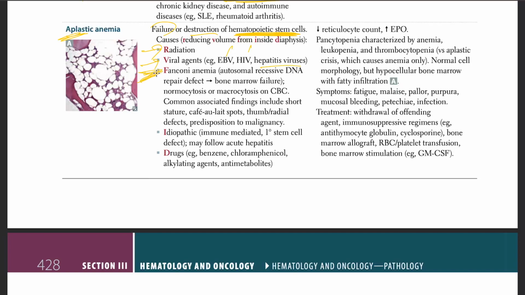Fanconi anemia, which is an autosomal recessive DNA repair defect, causes bone marrow failure, leading to, as we just learned a page ago, pancytopenia. Also, you have normocytosis or macrocytosis on CBC: normal cells or big cells.